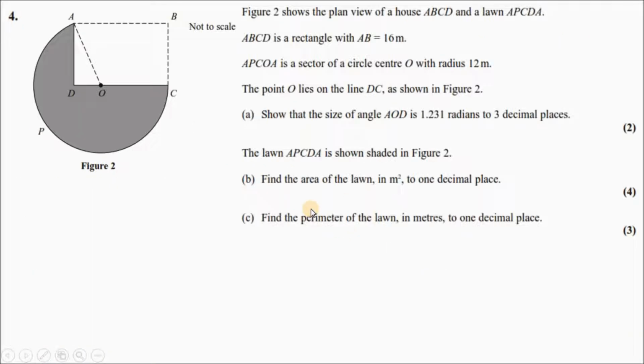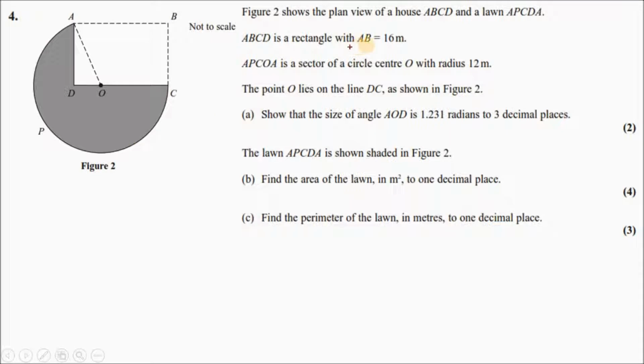Question number 4. Figure 2 shows the plane view of a house ABCD and a lawn ABCDA. This is a rectangle, a kind of quadrilateral, a house, and the shaded area is a lawn.